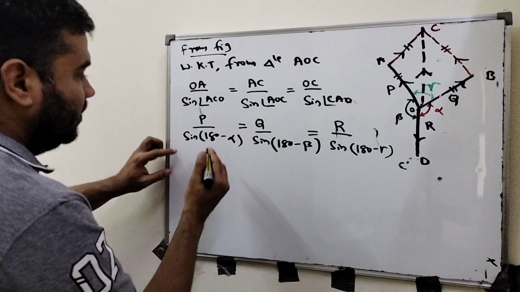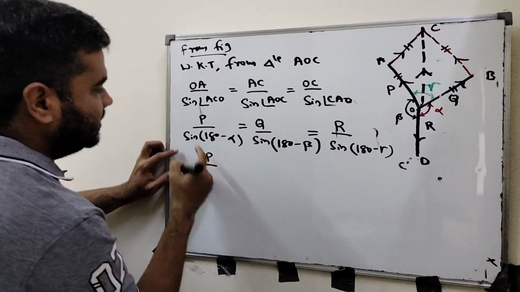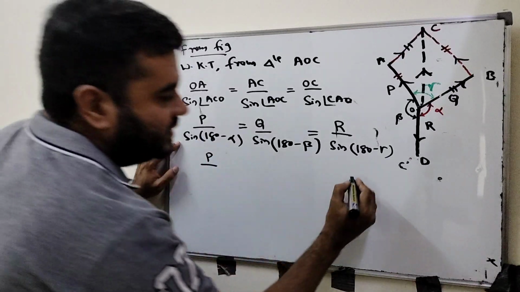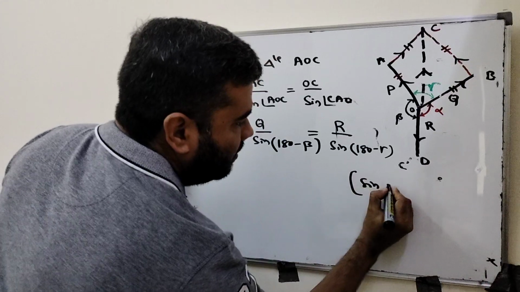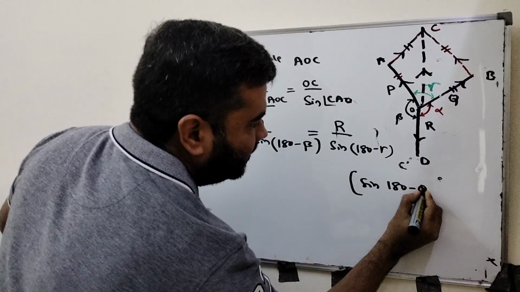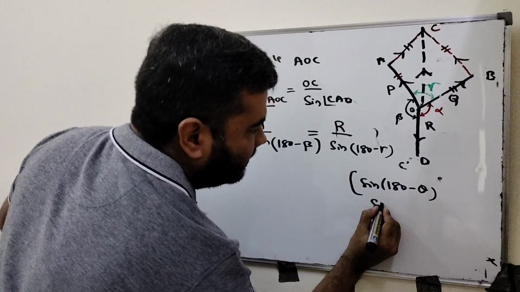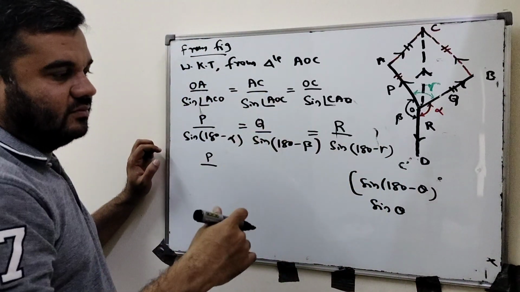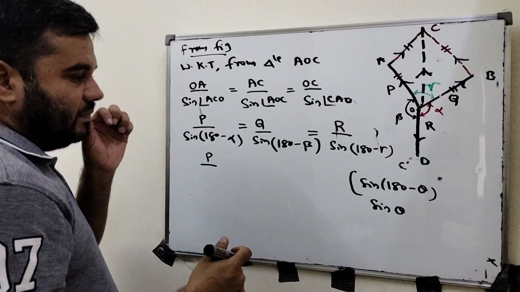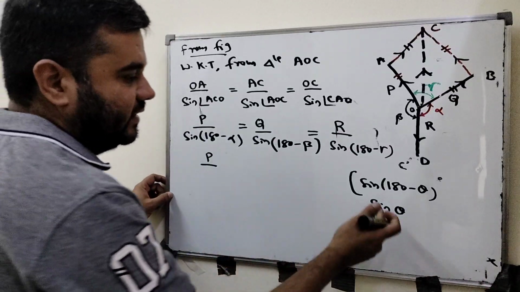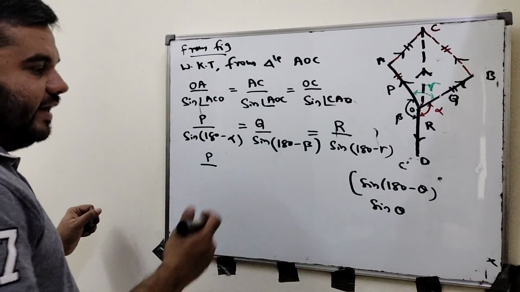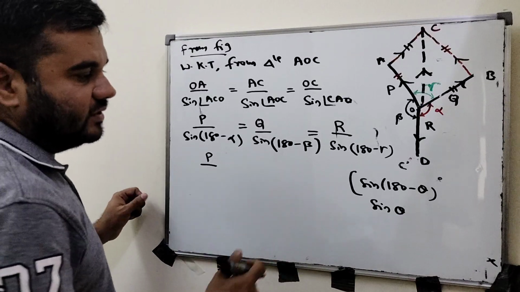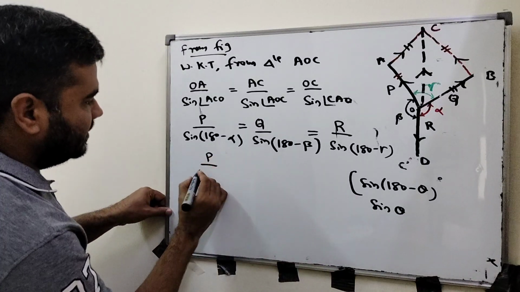We get here P divided by sine of 180 minus alpha. What is sine of 180 minus theta? It is sine theta, positive, since sine and cosec are positive in that quadrant. So that is sine alpha.